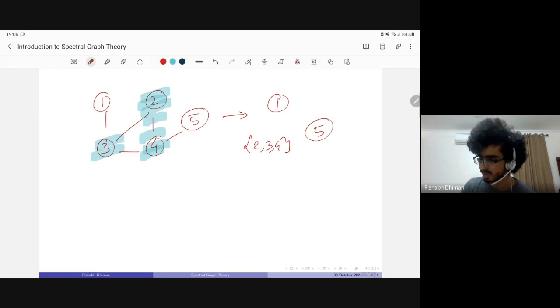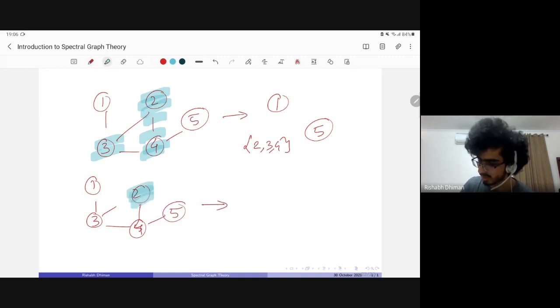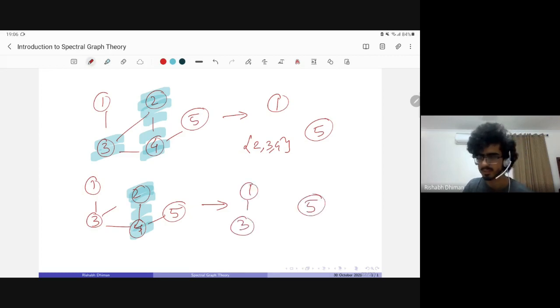But if you notice here, if I don't remove 3, and I only consider 2, 4, and I remove these two vertices, the graph again becomes disconnected. So yeah, 2, 4 is also a disconnecting set.